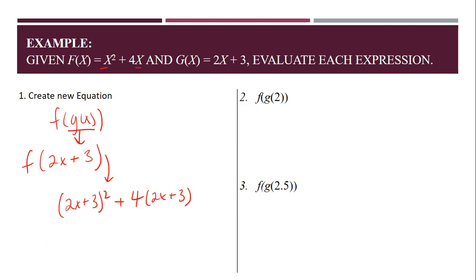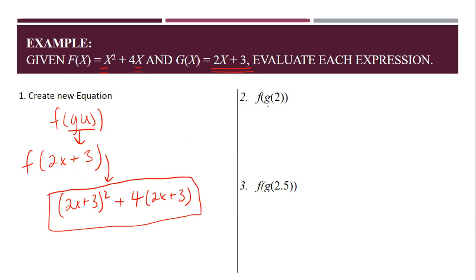It's just substitution. Okay, so again, g of x represents the entirety of your unknown, correct? So what is g of x? G of x is 2x plus 3. Wherever there's an x, I am plugging in 2x plus 3. And so this is my new equation that I can use to evaluate every single time.